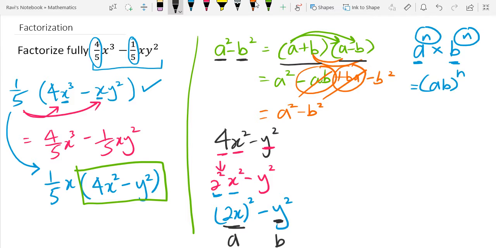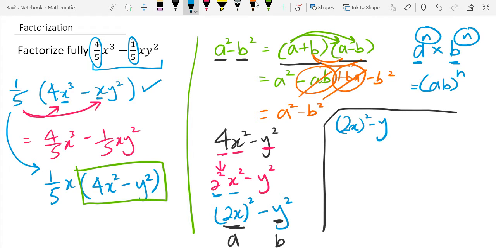So let's focus on the last step here. What I'm going to get is (2x) squared minus y squared, which is equivalent to (2x plus y) and (2x minus y).